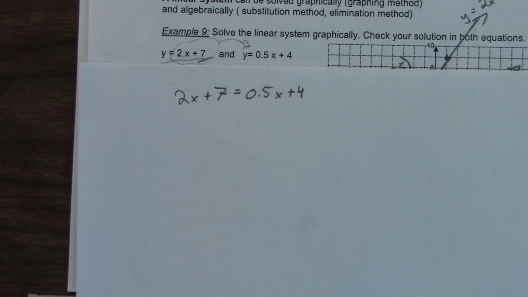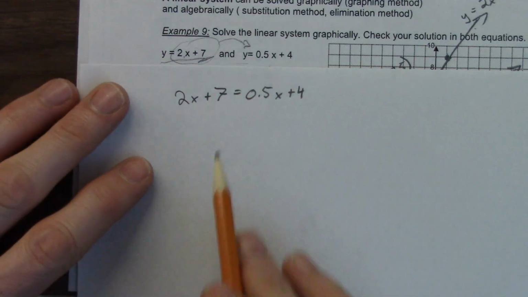I thought you were subbing in the y-intercept for the y. No. I'm subbing in the whole equation for the line of y into the other equation. What I'm actually doing is setting the two y's equal. I'm saying when both y values are the same, what's my x value? And then I can solve for x, and then I can use that x and solve for y. And I'll get the point. You guys get the point? All right, here we go.